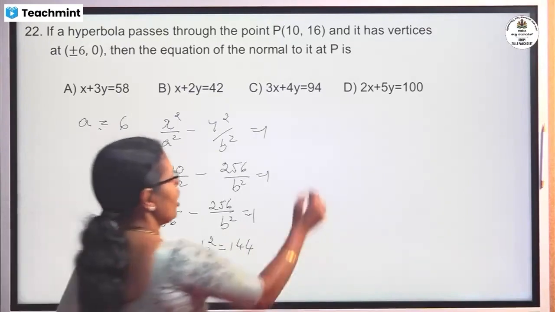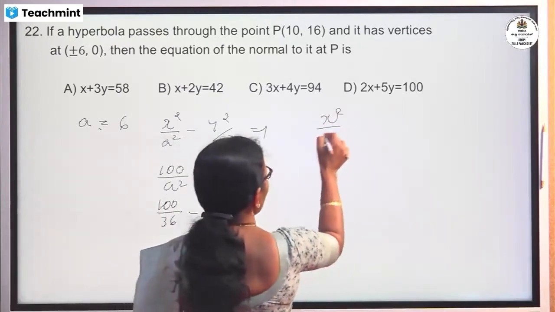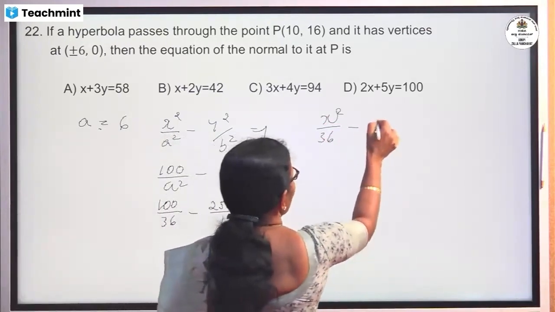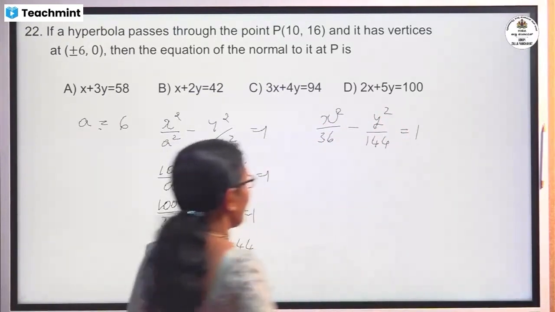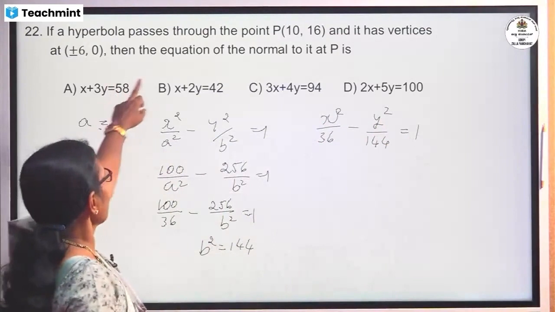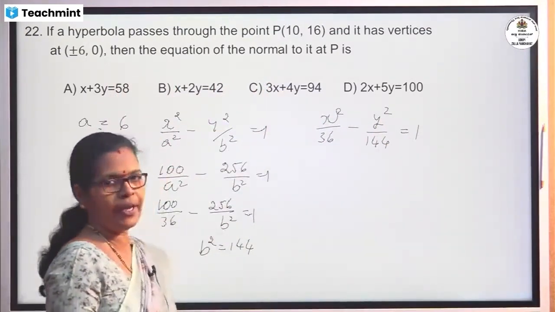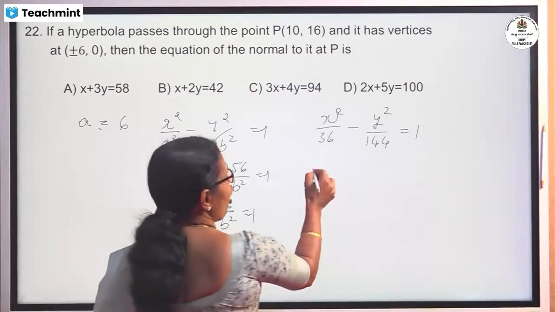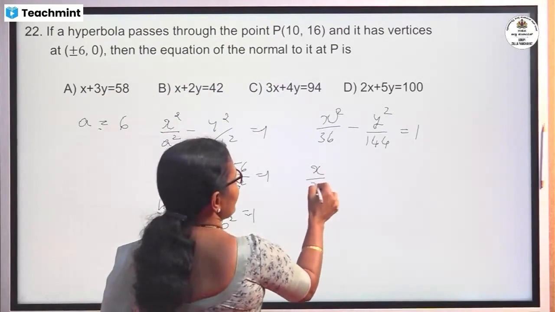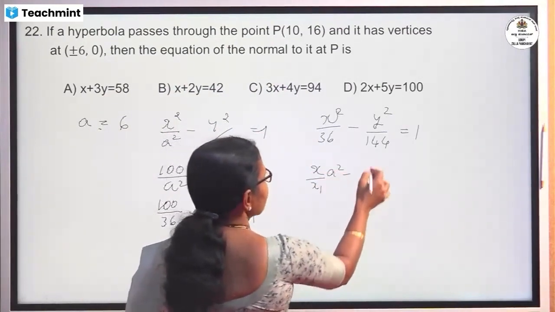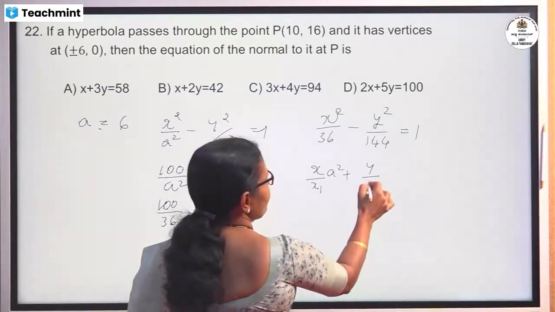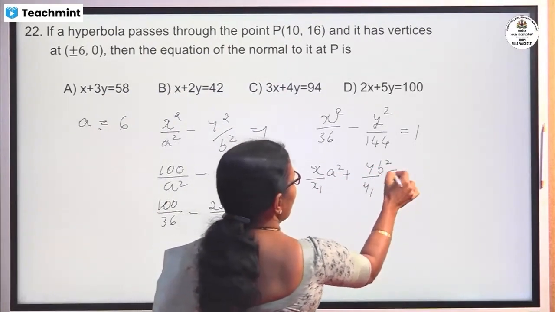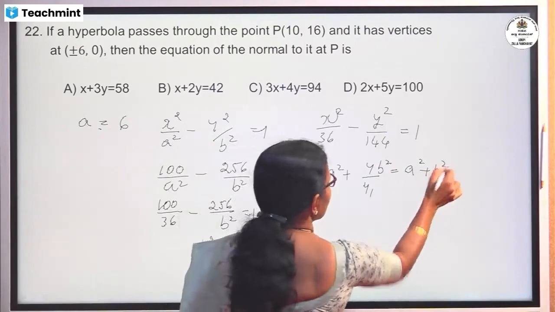Now the equation of the hyperbola is x square divided by 36 minus y square divided by 144 is equal to 1. Now the equation of the normal at P is x divided by x1 a square plus y divided by y1 b square is equal to a square plus b square.